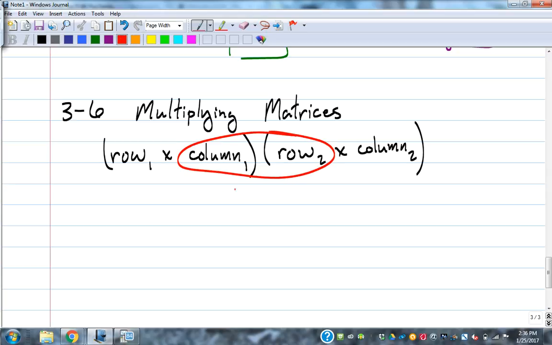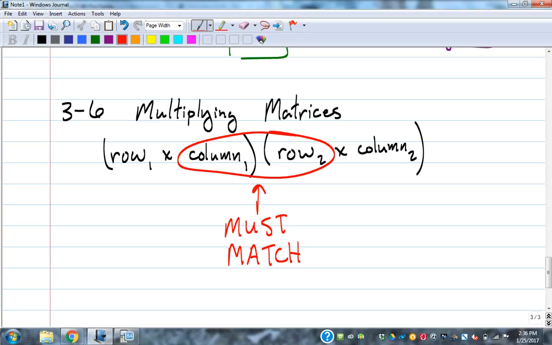These capital letters must match. The columns from the left-hand matrix have to match the number of rows from the right-hand matrix. Okay, left and right.